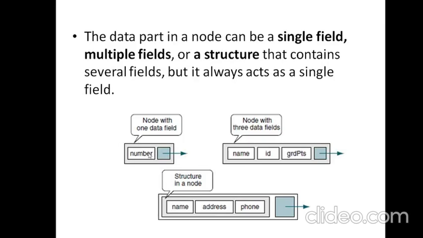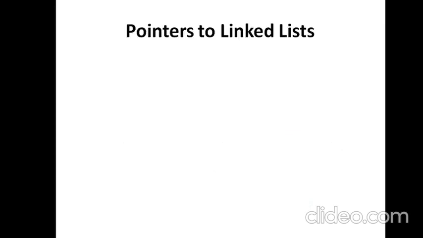In the first node, we have a single data field which is of type number. In the second, we have name, ID and grade points, each of different data types. Similarly, we can also have a structure variable itself as a data field. So these are all left to the implementation.